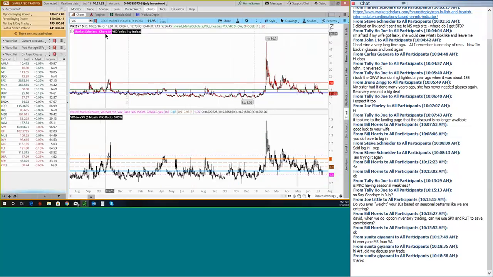Now, I'm on 4N for those of you that are following along. This brown range is the neutral zone. When the volatility is in that neutral zone, below it's bullish and above it's bearish, with these Market Scholar colored lines here kind of being the sweet spots in both areas. So you can see how bullish we were and how we never really got even bearish except for brief periods of time.